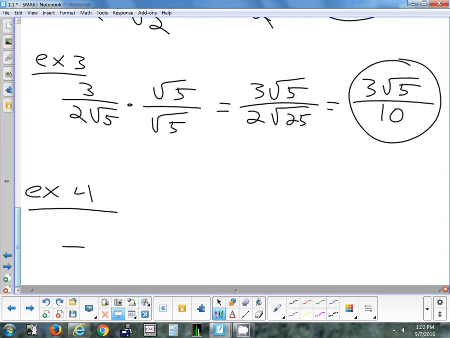All right, let's try square root of 8 in the top, and put a 2. And in the bottom, let's do 3 square roots of 5.